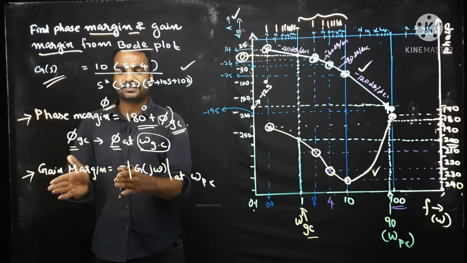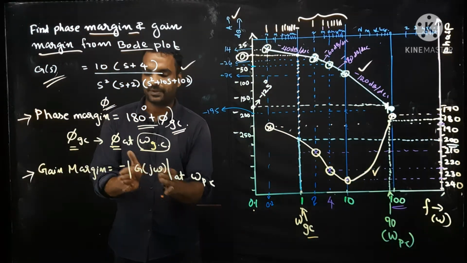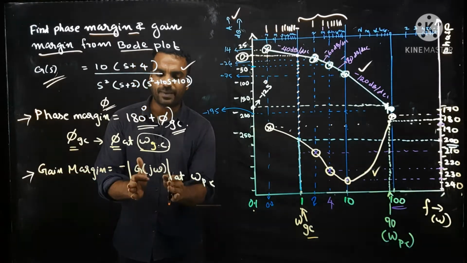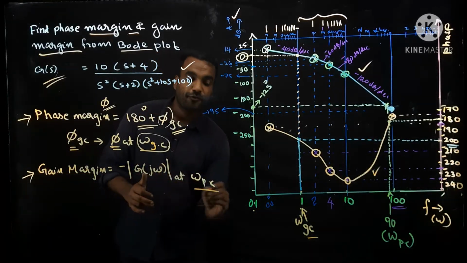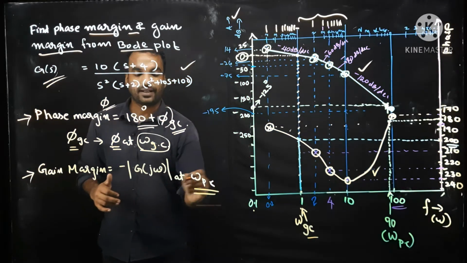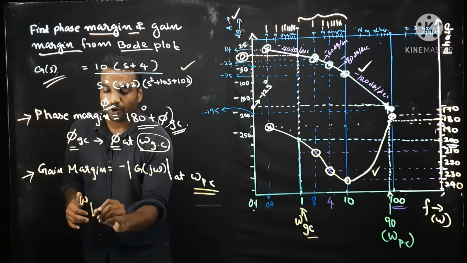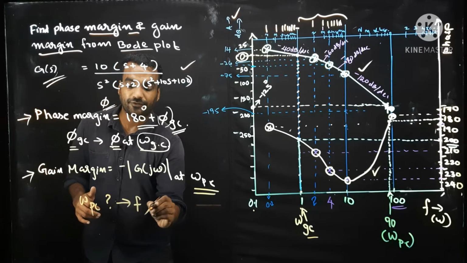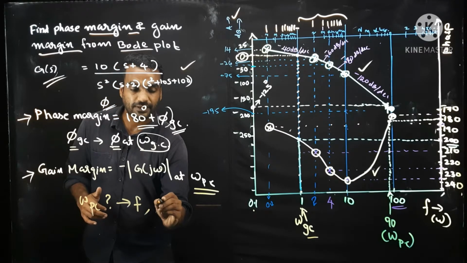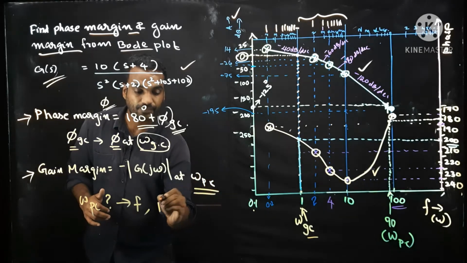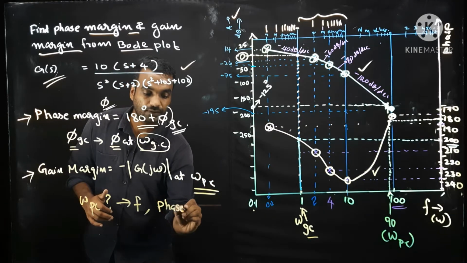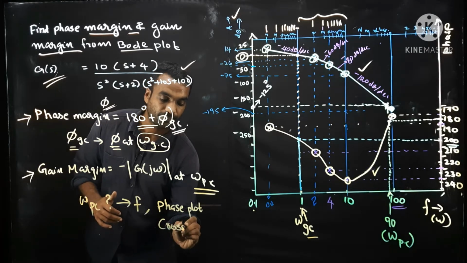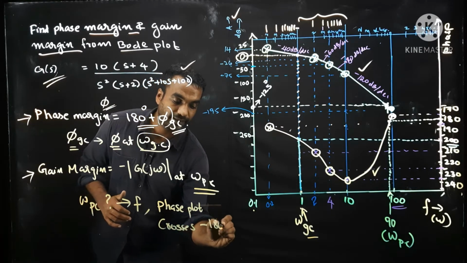And gain margin is the negative of magnitude. Gain margin will be a gain only, magnitude only. So it is the negative of magnitude at phase crossover frequency. And what is phase crossover frequency, omega PC? It is the frequency at which the phase plot crosses minus 180 degree.